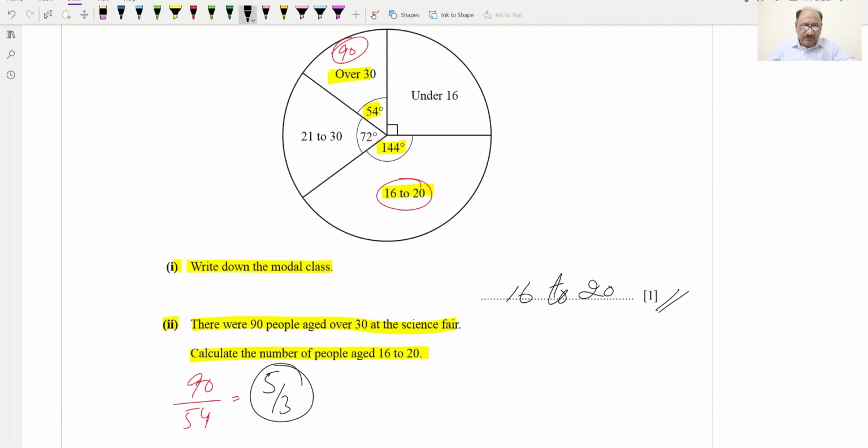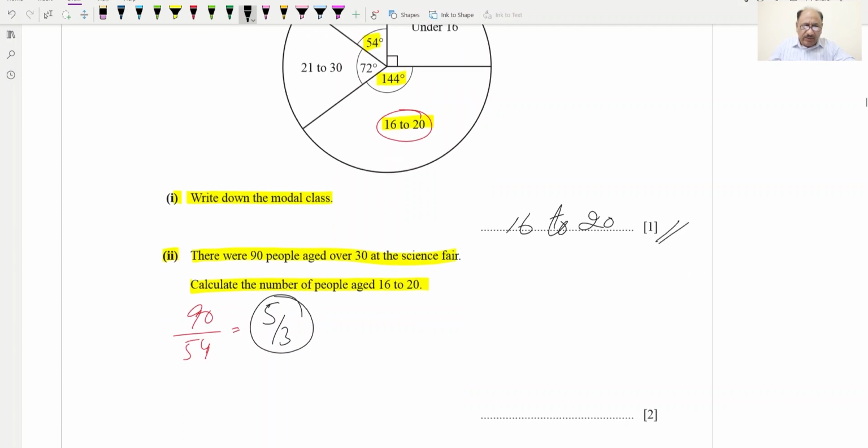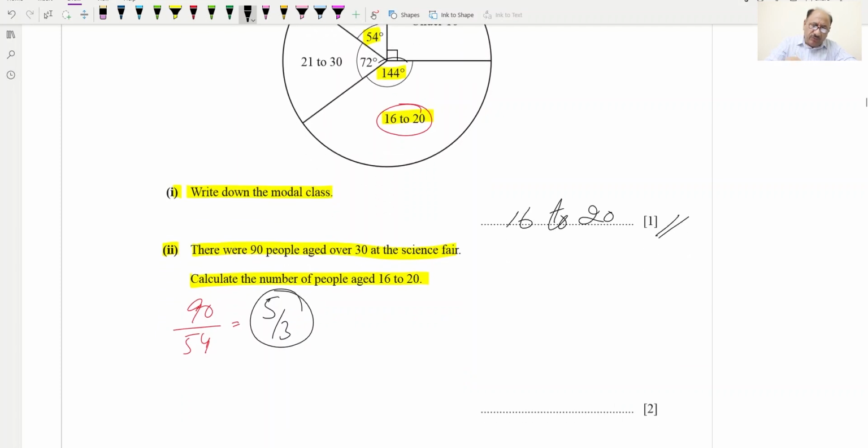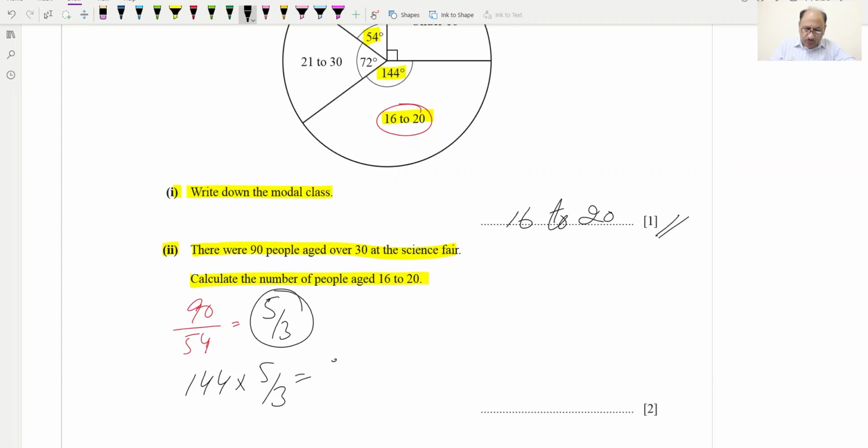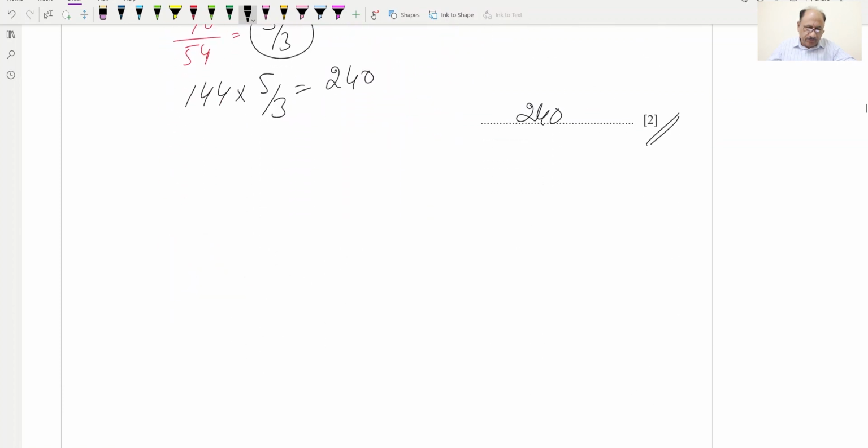So 5 by 3 people per degree, and we have to calculate for 144 degrees, so 144 multiplied by 5 by 3 gives us 240 people. So the answer will be 240 for this 2-mark question.